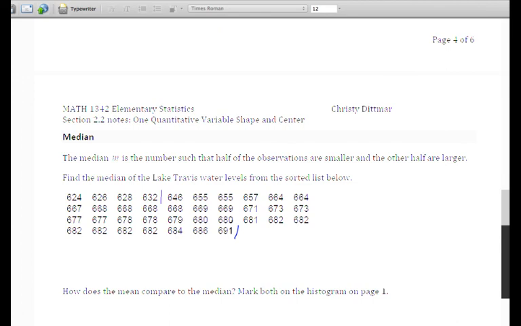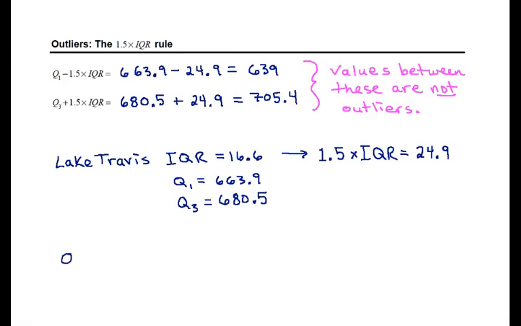And I knew already that there were no high outliers from the box plot. So these are the 4 values that I want to write down as my low outliers: 624, 626, 628, and 632. So finally, my actual outliers are these values.